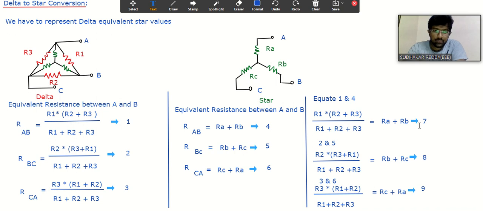So now I am subtracting equation number 7 and equation number 8. If you subtract 7 and 8, we get RA minus RC.